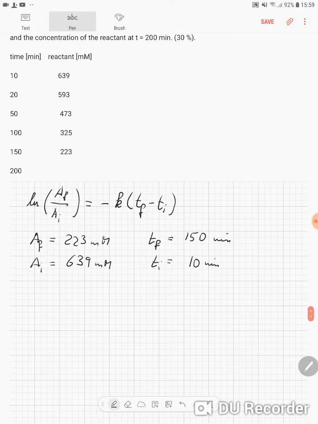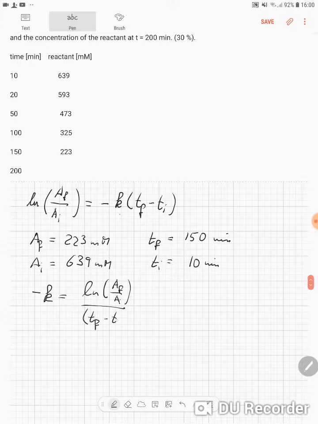What we can do now is simply rearrange our equation. We bring the t final minus t initial to the other side. Then we have minus k equals ln of A final over A initial, divided by t final minus t initial.